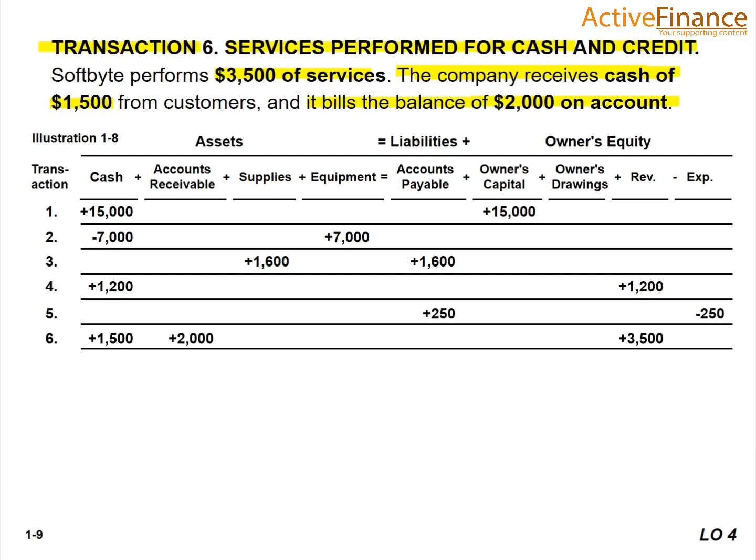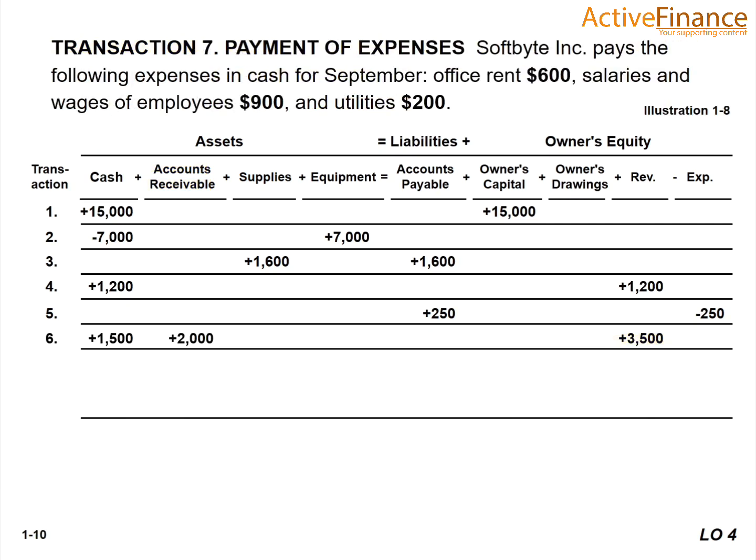So we will add this earned cash in the cash account, plus $1,500, and we will also plus $2,000 in accounts receivable, because we will receive this amount in the near future. We have performed the services on credit, and also we will add plus in revenues $3,500.